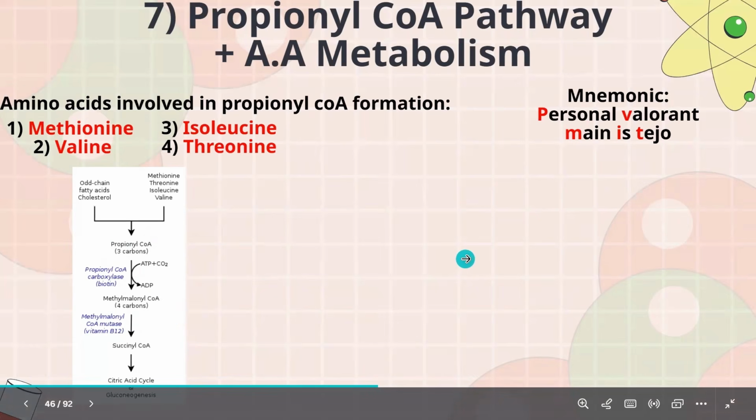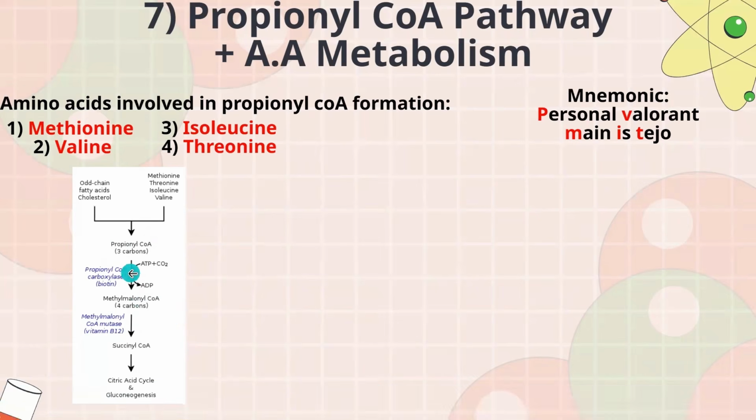Now, the more important part I want you guys to recognize here is the enzymes and their cofactors. These are so high yield. Please memorize them. Propionyl-CoA carboxylase actually uses biotin or B7 as a cofactor, while methylmalonyl-CoA mutase uses vitamin B12. I'd memorize them as 7, 12, like it goes in order.